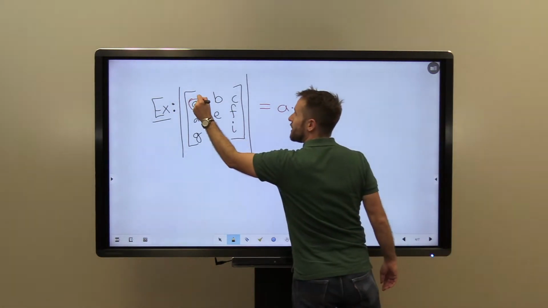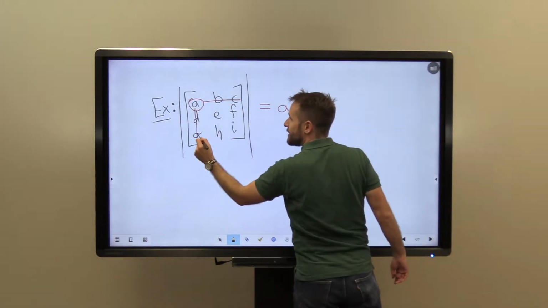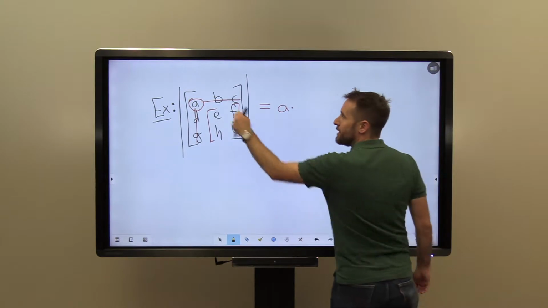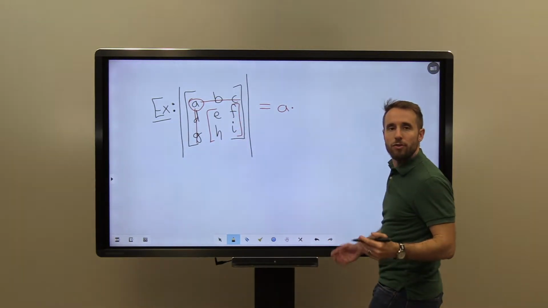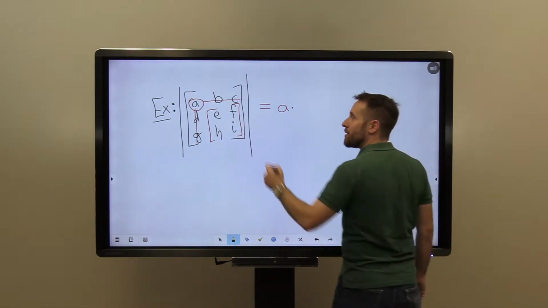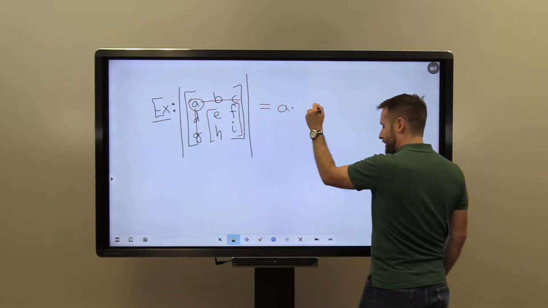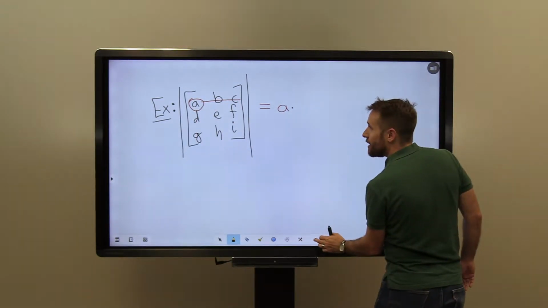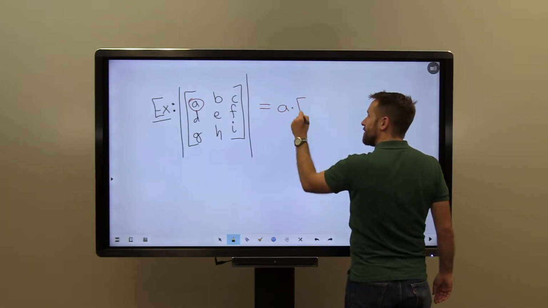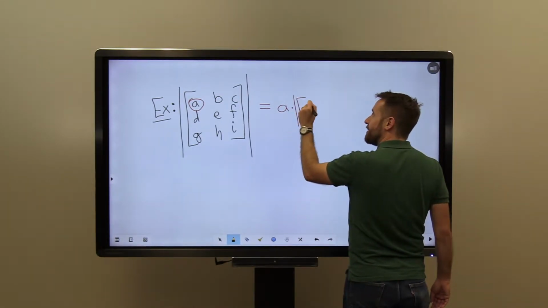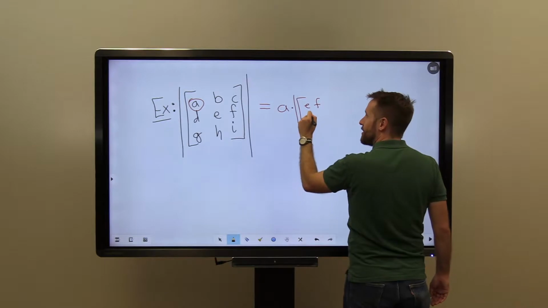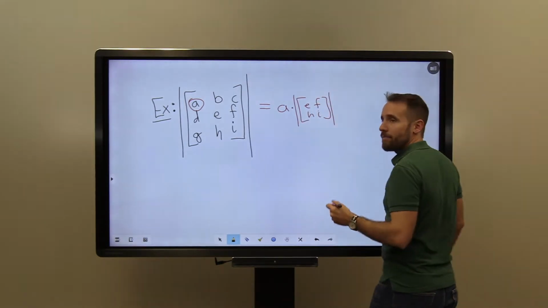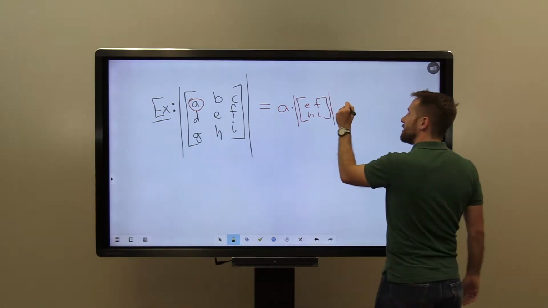So I'm going to cross out the rest of this row, cross out the rest of this column, and then the 4 numbers that are left will form a 2 by 2 square matrix, and I'll compute that determinant and multiply that here. All right, so it's going to be A times the determinant of E, F, H, I. All right, and that is our first entry here.